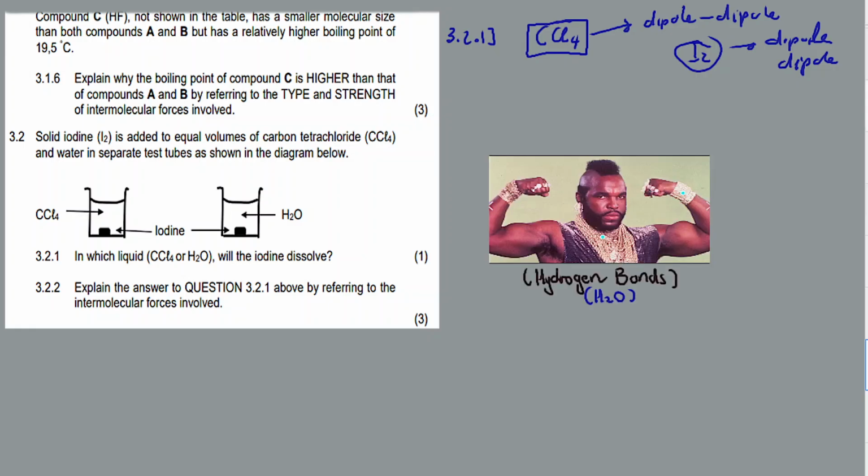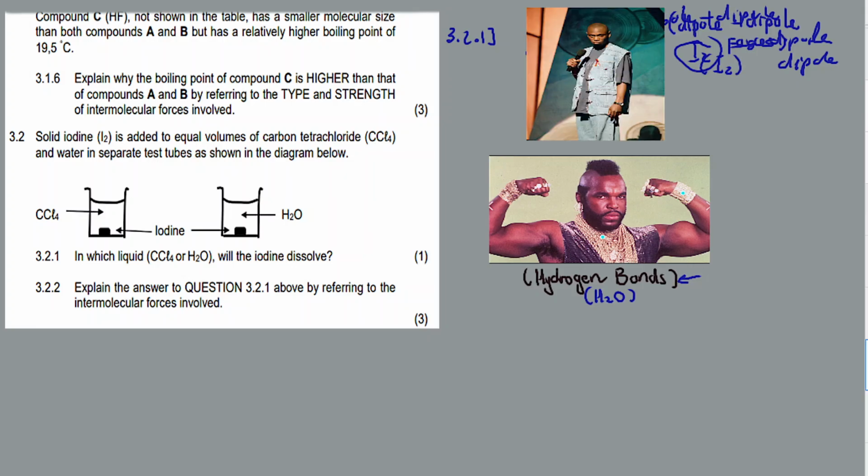So imagine water as this guy, Mr. T, the strongest guy. So the strength of Mr. T represents the strength of intermolecular forces in water, which are the hydrogen bonds, the strongest ones. Then imagine this guy with Dave Chappelle as the iodine, with dipole forces, right?